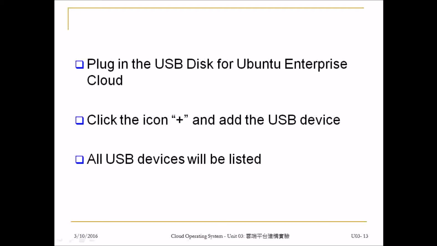Then you will find VirtualBox provides a list. All the USB devices currently plugged into your physical machine will be listed. Select the USB disk for your Ubuntu Enterprise Cloud.